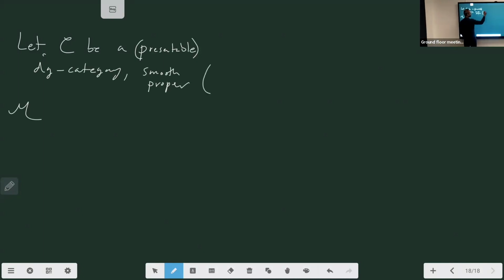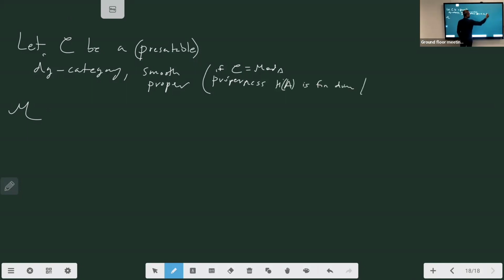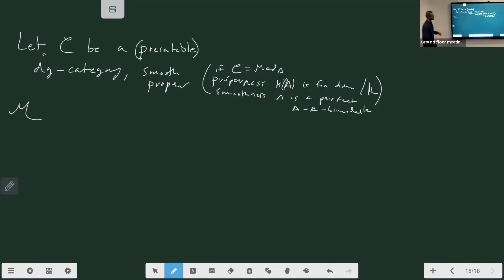This means that if C is equal to mod A, then properness is that the homology of A is finite dimensional over K, and smoothness is that A is a perfect A-bimodule. It's a retract of something that's free, basically. So it's a very concrete condition.